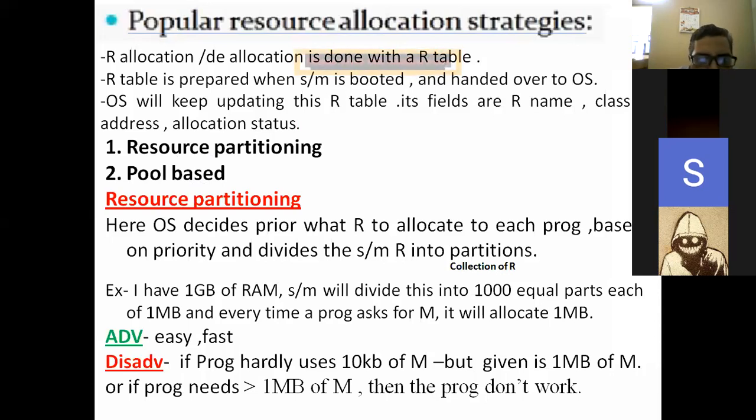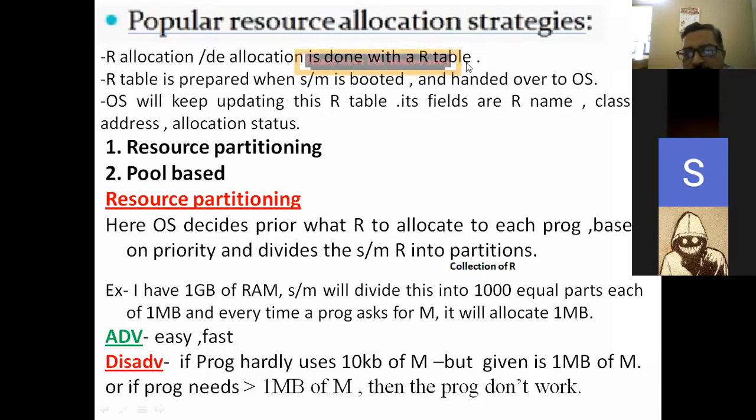Whichever process or program is in need of resources, the OS will allocate them, and after the process has used them, the OS will deallocate the resources so that the same resource can be given to other requesting processes. Hence, the allocation and deallocation of resources is done with the help of the RT.